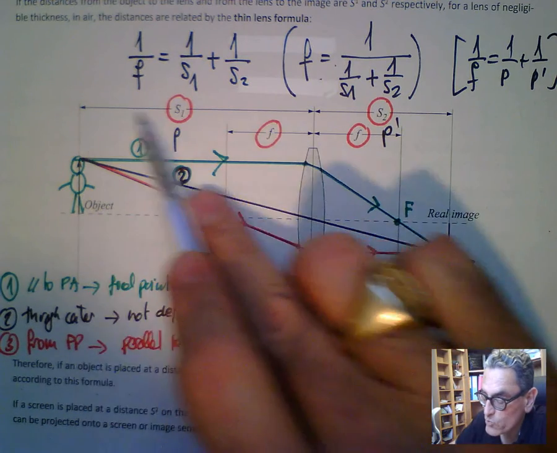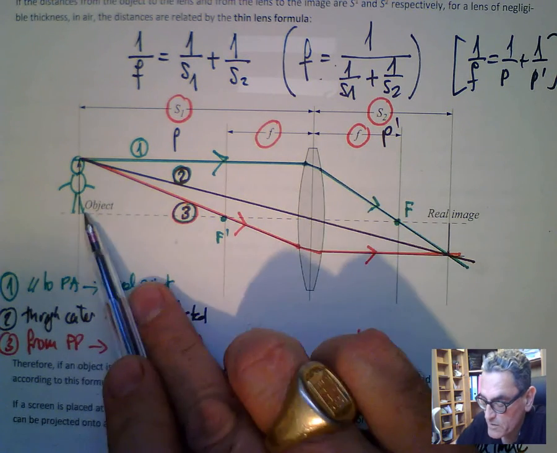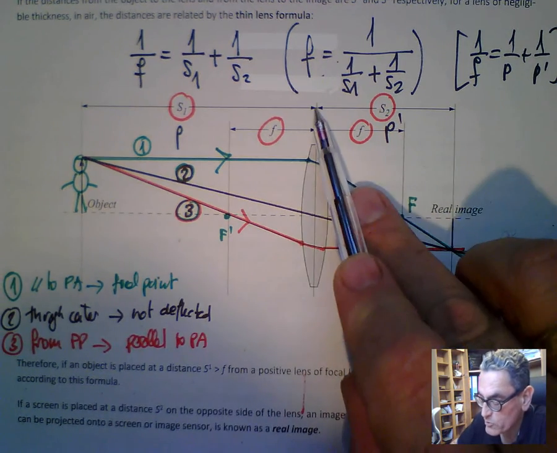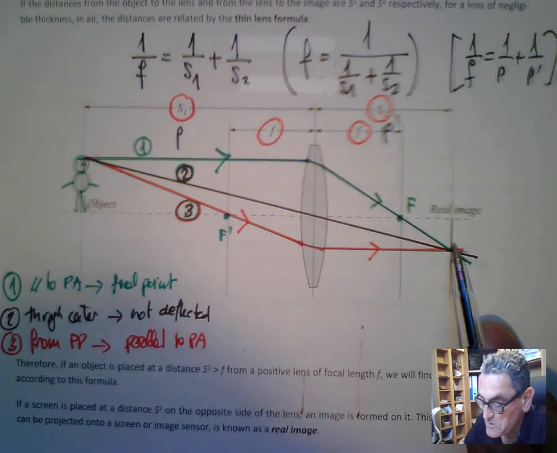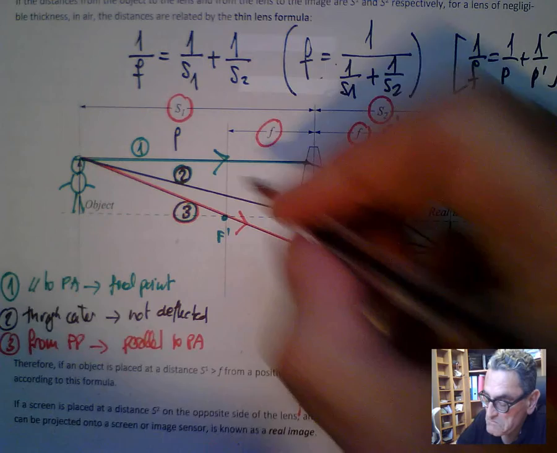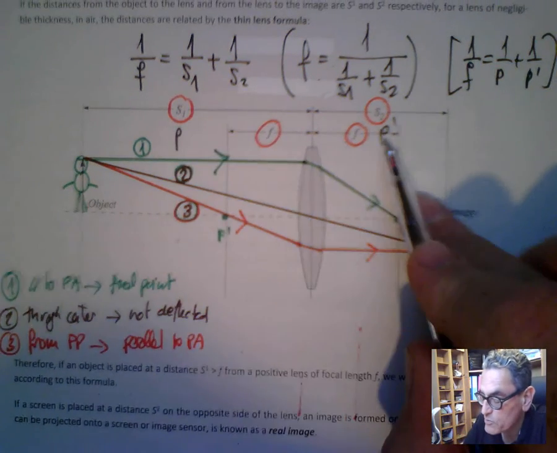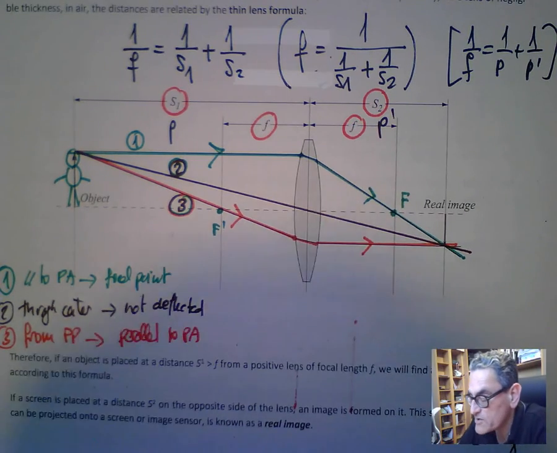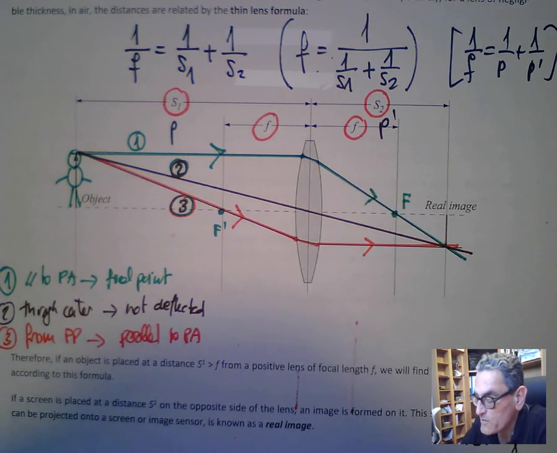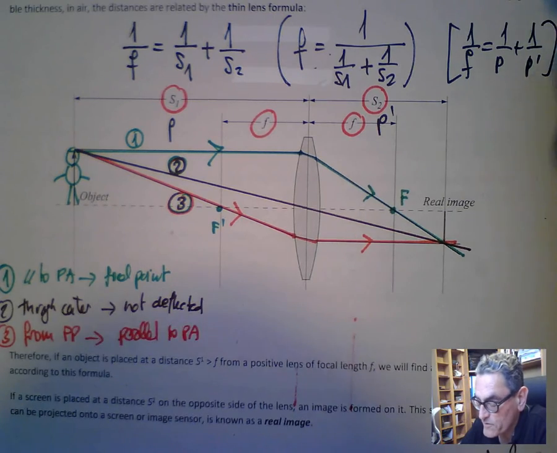We call S1 the distance between the object and the lens. We call S2 the distance between the lens and the image. In the French literature, this is called P and this is called P prime. Now, in this course that I used for the images, they call it S1 and S2. I'm more used to P and P prime, but whatever.